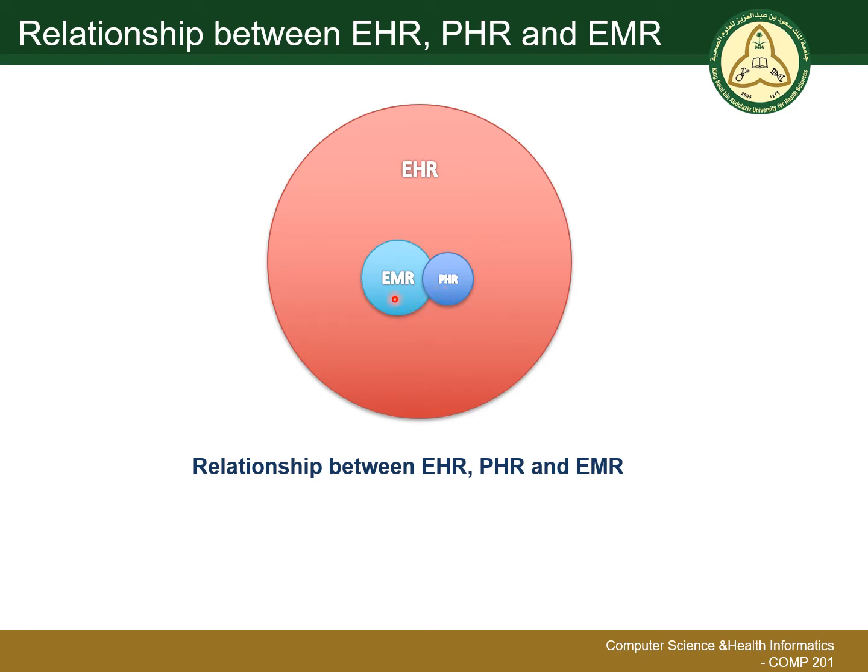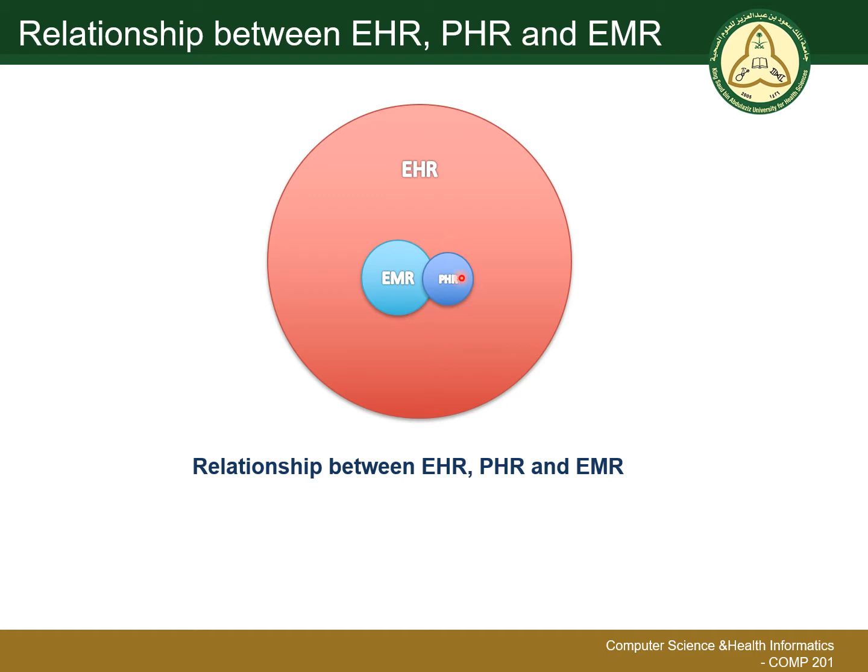The electronic medical record, on the other hand, is the electronic patient record, which is located in a hospital or a clinic. The personal health record is a collection of health information by and for the patient. It includes parts from the electronic medical record and the electronic health record.